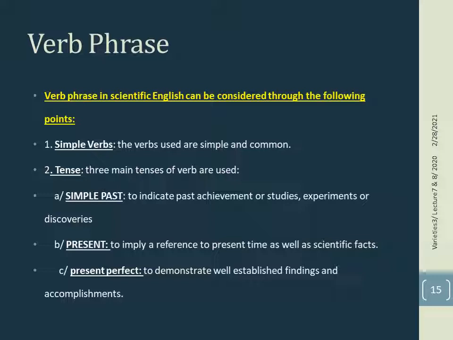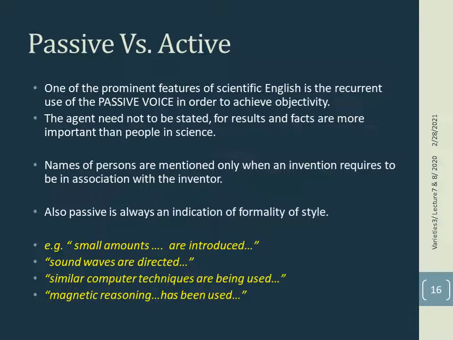So we might actually be using a simple past and talk about a previous experiment or study. When you refer to it or to its results, then you have, of course, to use the simple past. As for present, it implies a reference to present time as well as scientific facts. Present perfect is used to demonstrate well-established findings and accomplishments.